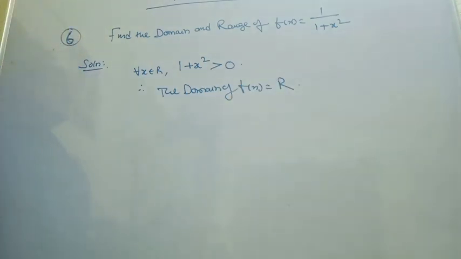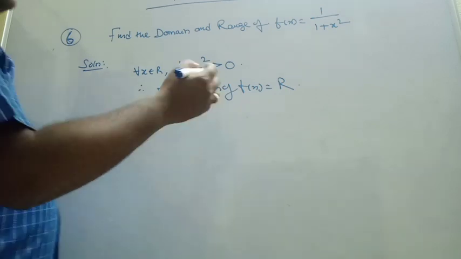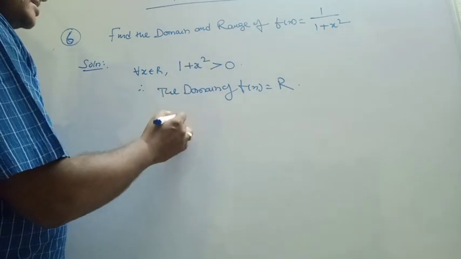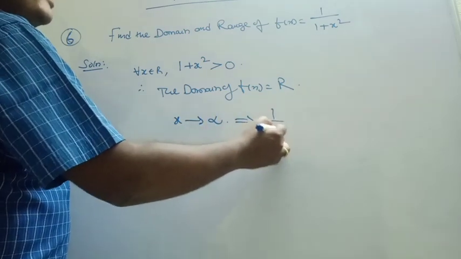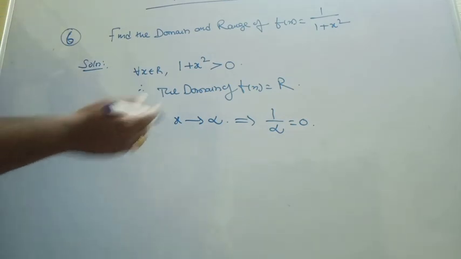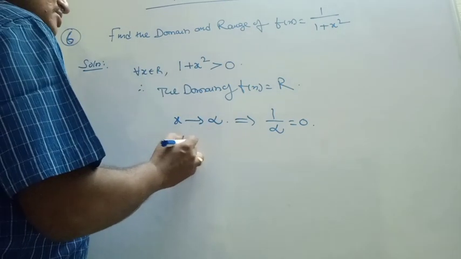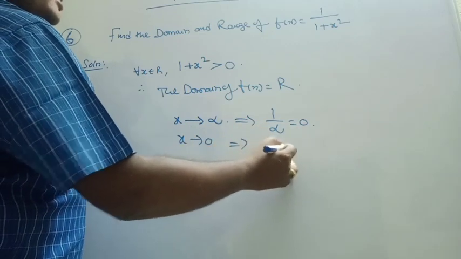Now let us consider the range. While finding the range, when x tends to infinity, this becomes 1 by infinity, which becomes 0. And what is the maximum value? When x is 0, it becomes 1 by 1 plus 0, which is 1.